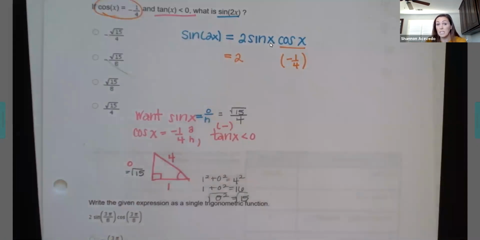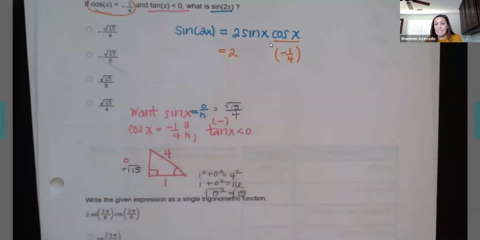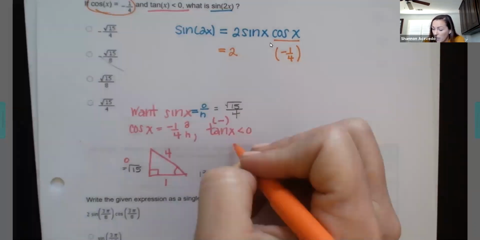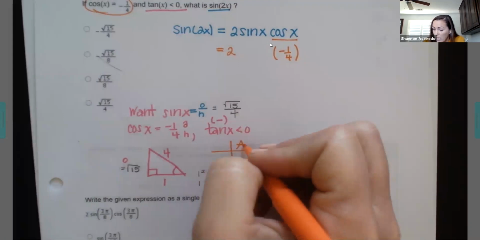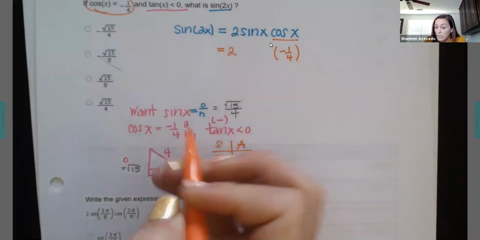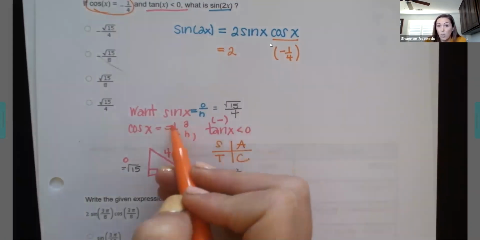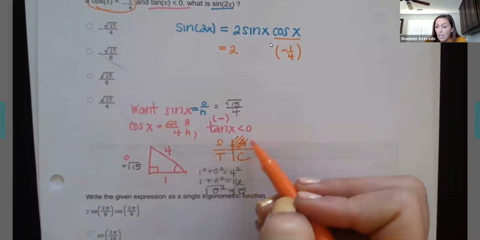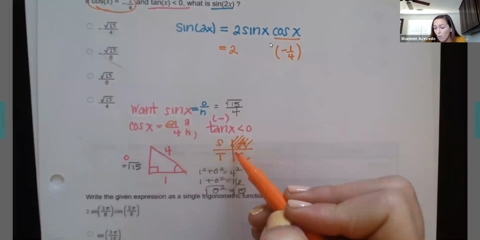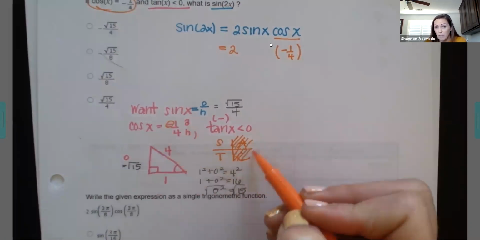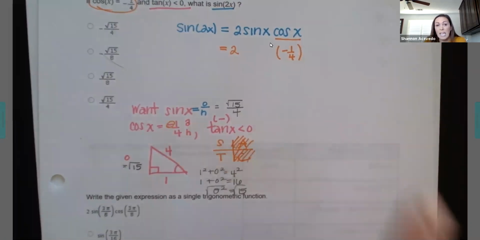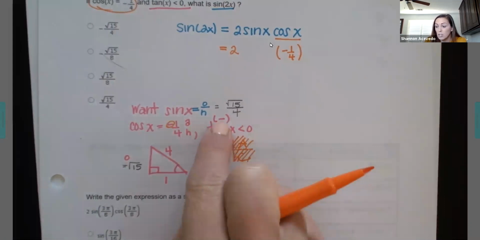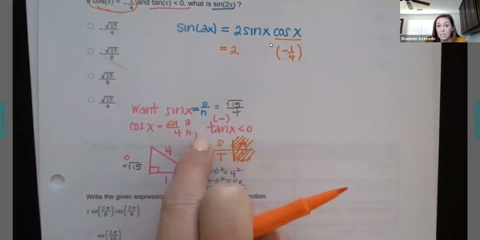But I'm not done, because I need to know, is that a positive or a negative? That's where this idea of the quadrant comes into play. I know, so all students take calculus. I know my cosine was negative. If it's negative, then it can't be in quadrant 1 because they're all positive, and my value can't be in quadrant 4 because that's where cosine's positive. I also know that tangent is negative. In quadrant 2, sine is positive.